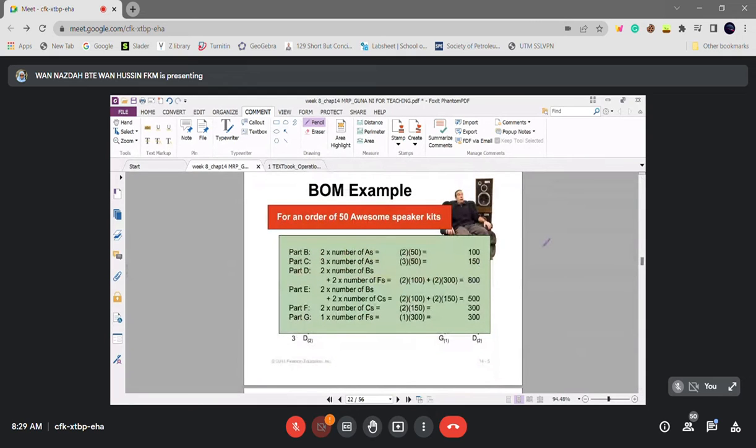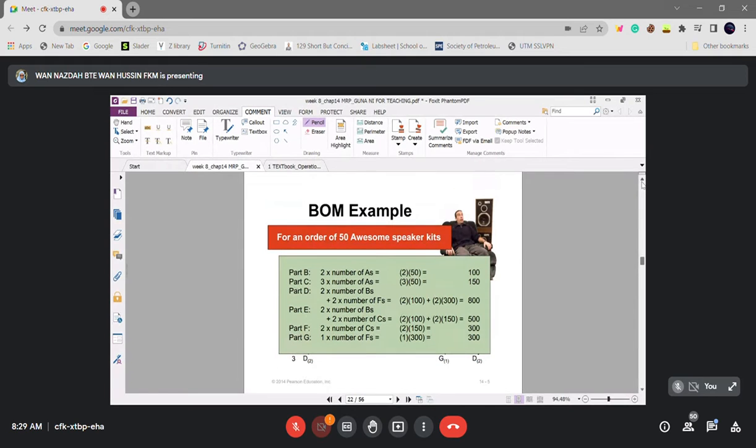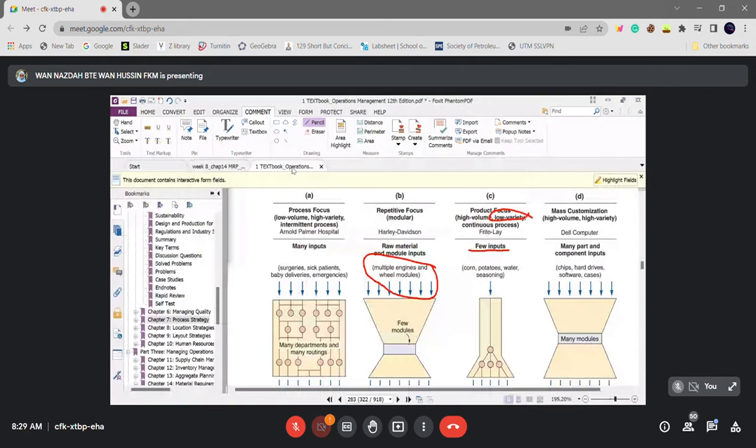So whichever one you prefer is up to you. Alright, jadi, let's demonstrate the theory to get the number of components.